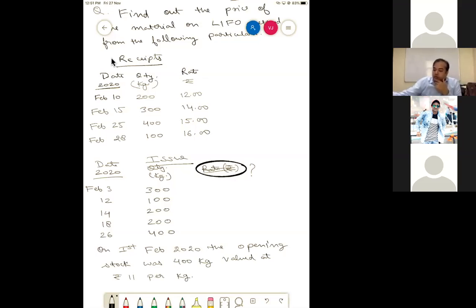So what we have to do, we have to find the price of the material on the basis of Lifo method.